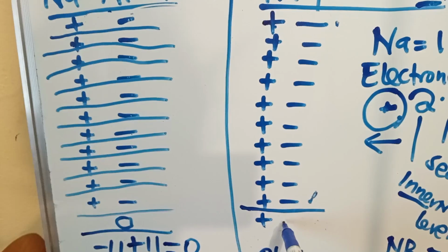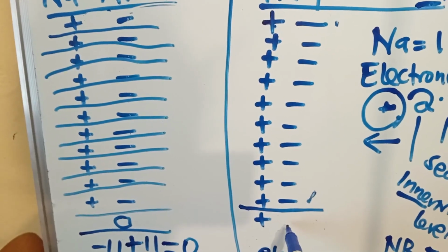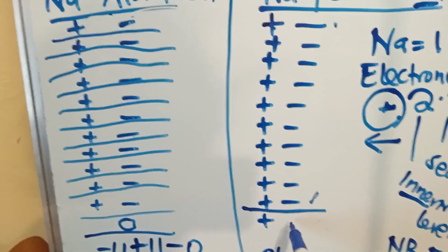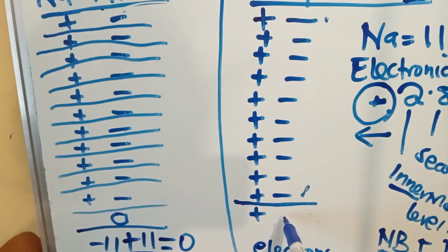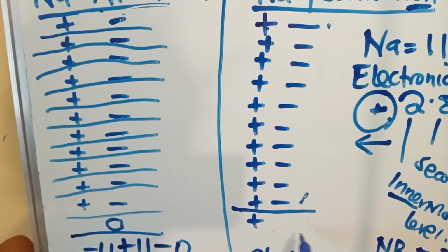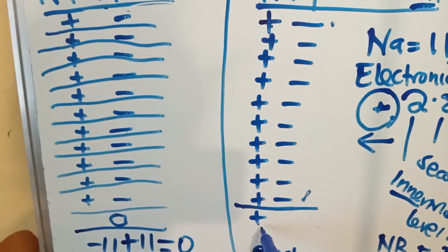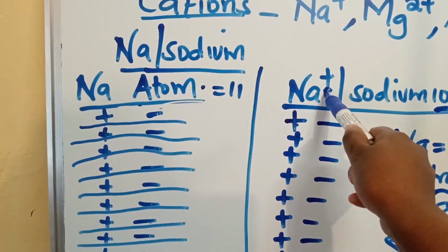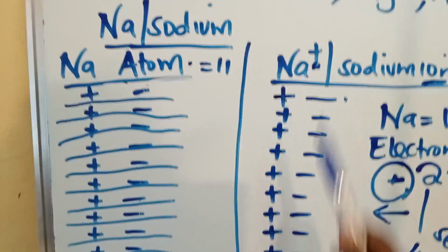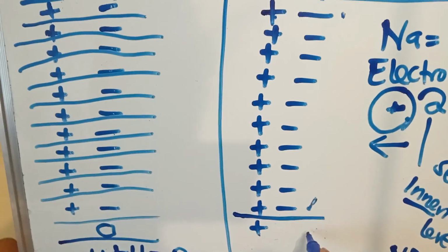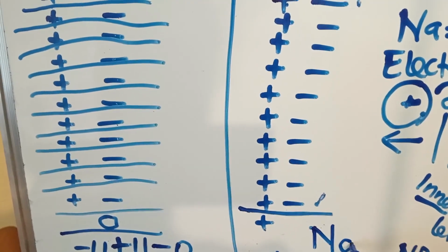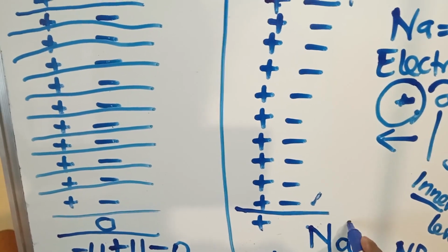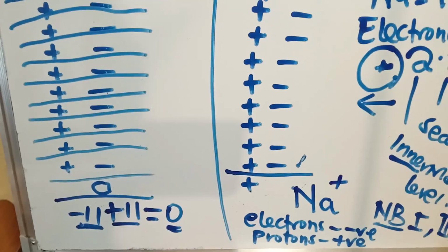Now that the brother or the sister, the negative that was just next to it, has been lost, this positive will be left hanging. That is the very positive that is written at this point. And so we end up with the sodium ion, written as the symbol for sodium and then the positive charge.